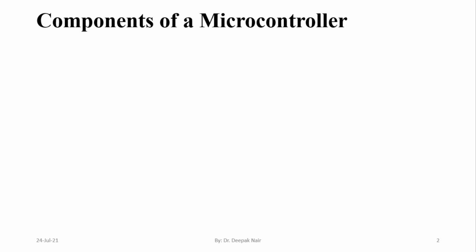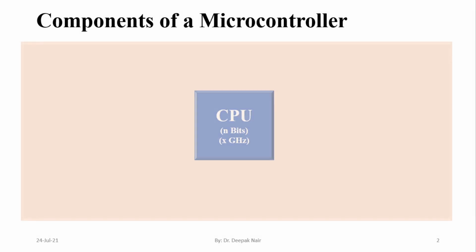So first of all, we must know what a microcontroller is, because all these Arduino boards have a microcontroller in their core which will control all the working of the board. So what are the components inside a microcontroller? Every microcontroller will have its own CPU.